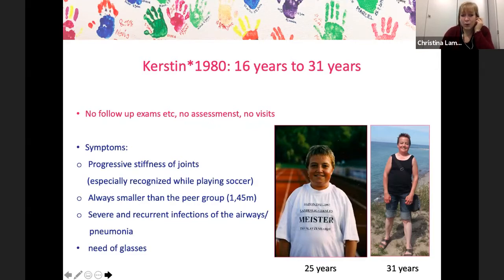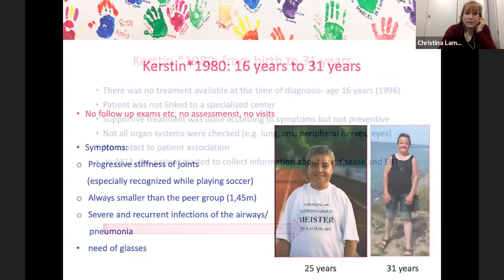And she suffered always from recurrent infections that took much longer to be healthy again as others. And she was suffering from quite a lot of pneumonia, and she needed glasses, but she was completely neglecting the disease due to the fact that she thought she had to die. She will die at the age of 30 years.